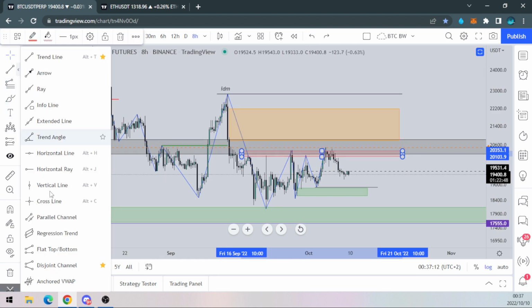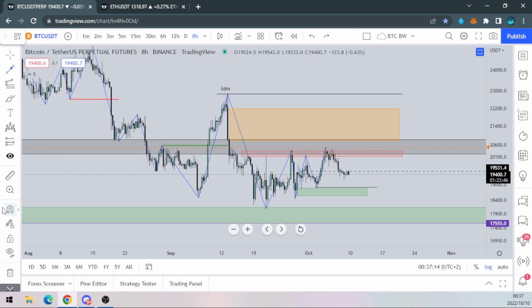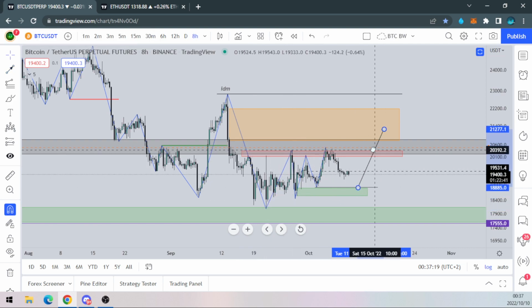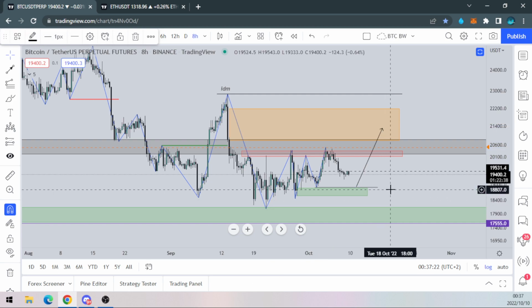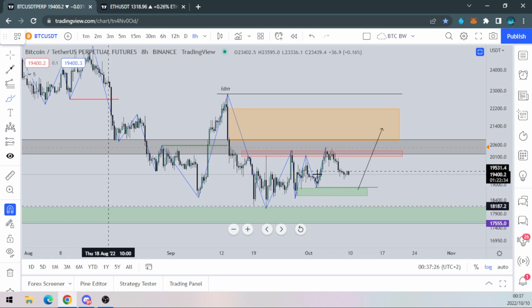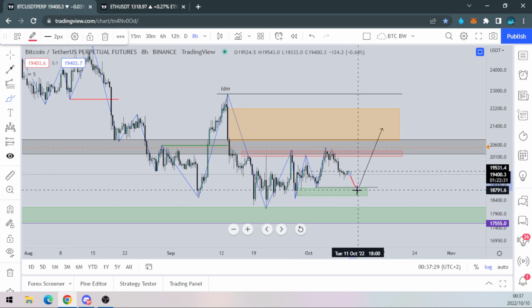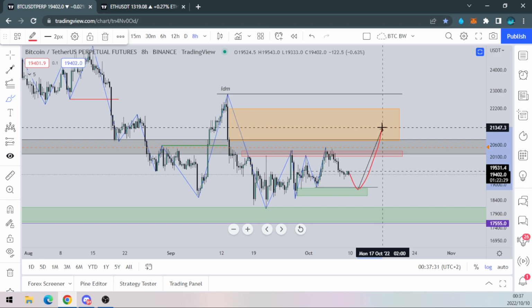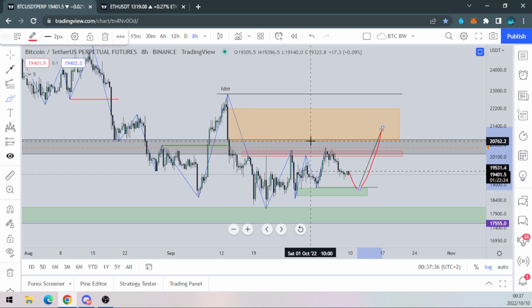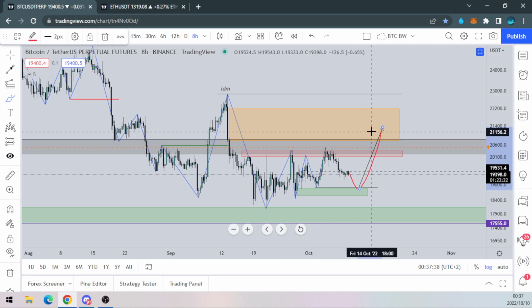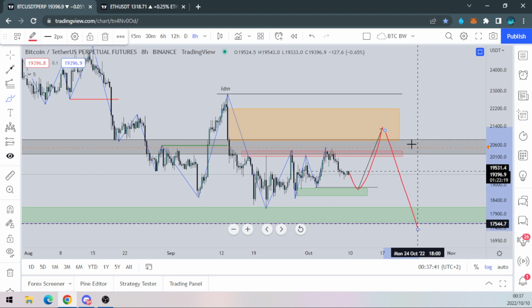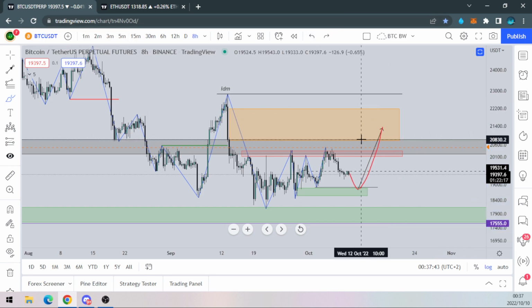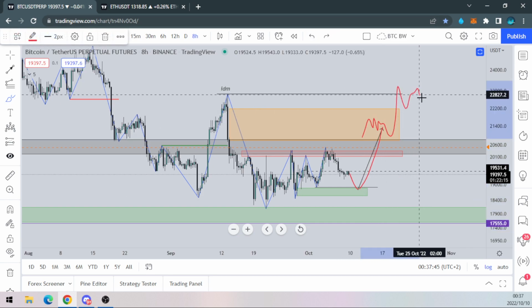We're going to have a move of equal sort of magnitude from here to here, push us up there at least. So once BTC taps into the zone here, which we're hoping it does, we're going to get a move back up into here. So that would have taken enough liquidity all around for us to now get another leg down until we can start to hold these levels here and start to make bullish structure.